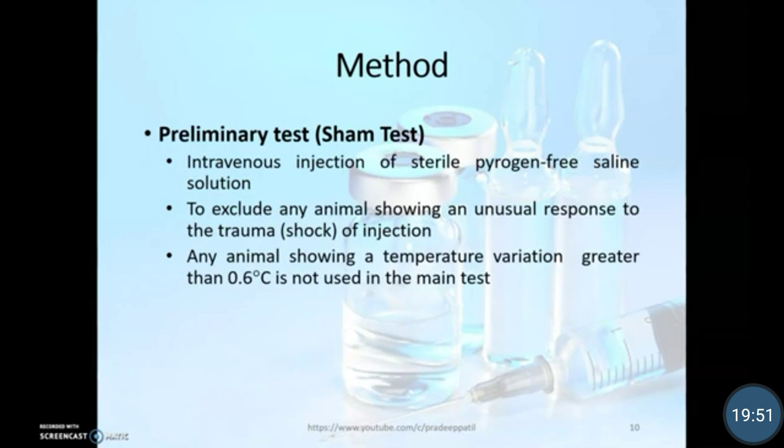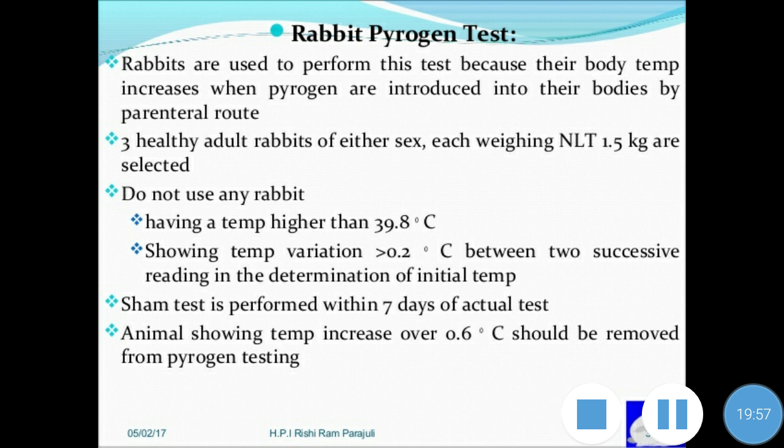So this is the preliminary test or the sham test. Animals showing a temperature increase over 0.6 degrees Celsius should be removed from pyrogen testing. After that the main testing is done on the selected 3 rabbits.